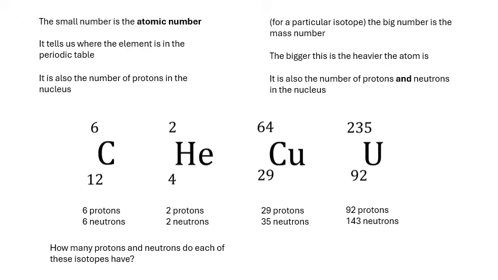Uranium, 92 protons, 143 neutrons. You'll notice as the nuclei get bigger and bigger, you actually need more and more neutrons. They're a bit like super glue holding it together, but that's physics, that's not chemistry. Chemistry is just to do with electrons, basically. Anyway, moving on.